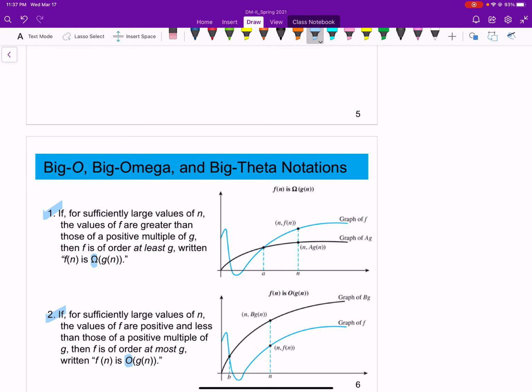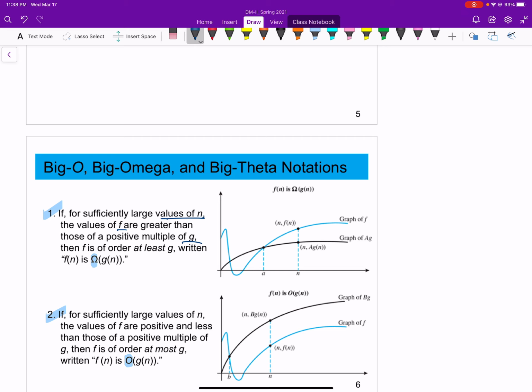The first definition is for omega. If for sufficiently large values of n, the values of f are greater than those of a positive multiple of g, then f is of order at least g.